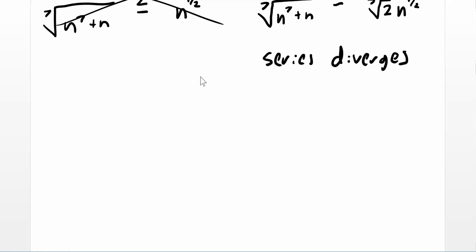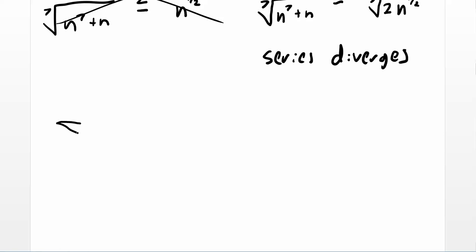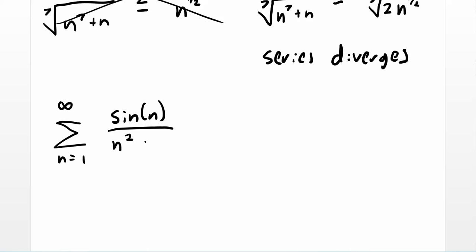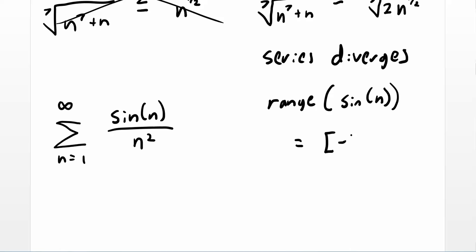Let's look at another example, one that's a bit different. Okay, so we don't have to do any crazy tricks on this one. You just have to remember that the range of sine n is the interval -1 to 1.